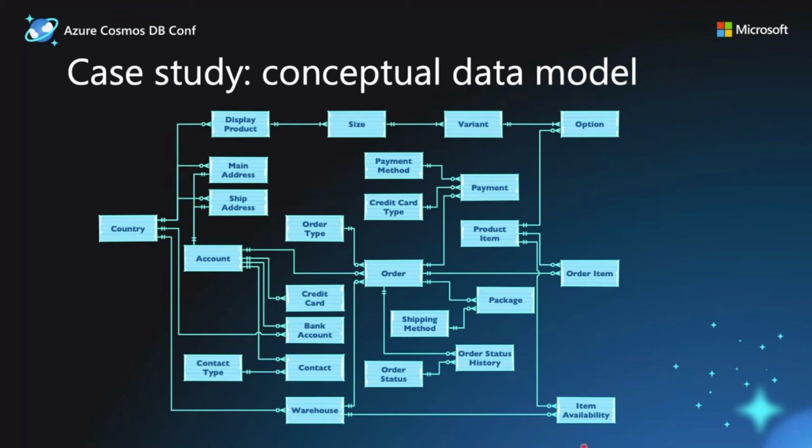So we're also interested in item availability in different warehouses. And since the e-commerce platform is multinational, we have different websites in different countries. So we have different representations of the same product in different countries, which could also be served in different sizes, variants, and options. So that's briefly it about our data domain we're going to model, which is extracted from a real-world scenario.